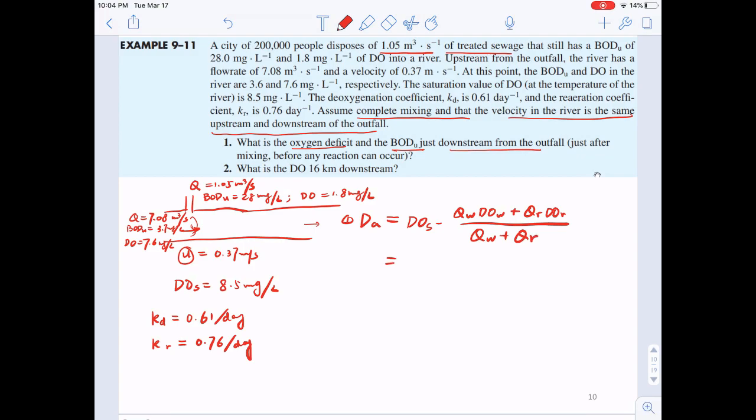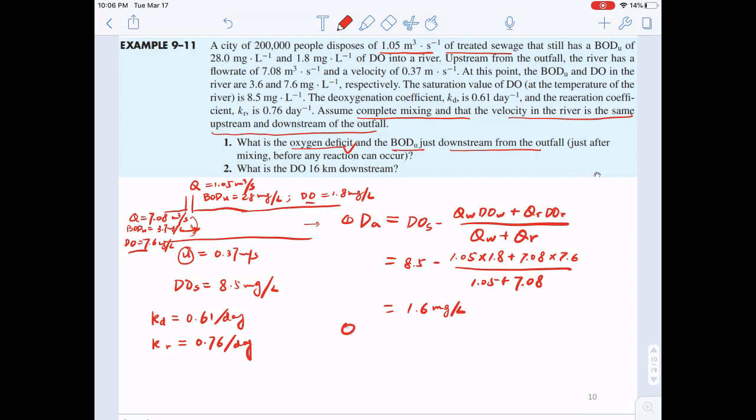If we plug in all of these values, that's 8.5 minus the wastewater flow rate, 1.05, multiplied by 1.8, plus the river flow 7.08 multiplied by 7.6, and then divide that by the total flow rate, 1.05 plus 7.08. This turns out to be 1.6 milligram per liter. This is the oxygen deficit at the mixing point. So we got the first parameter down.